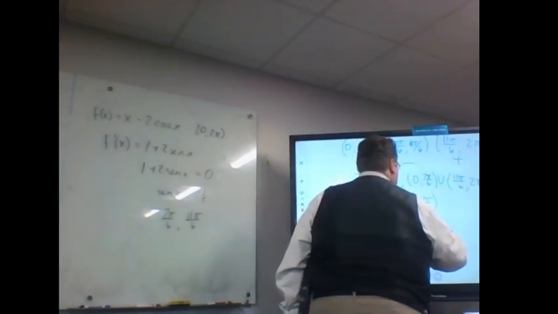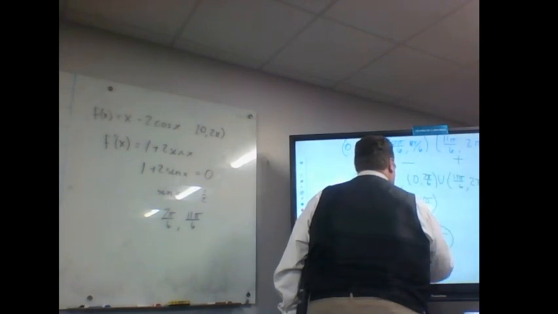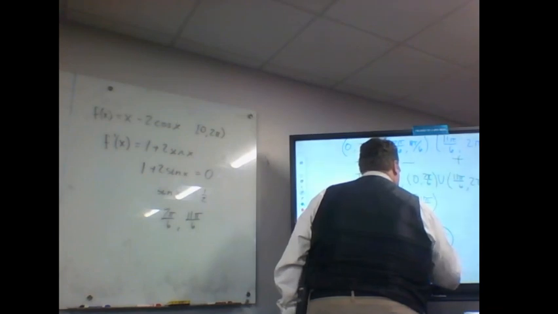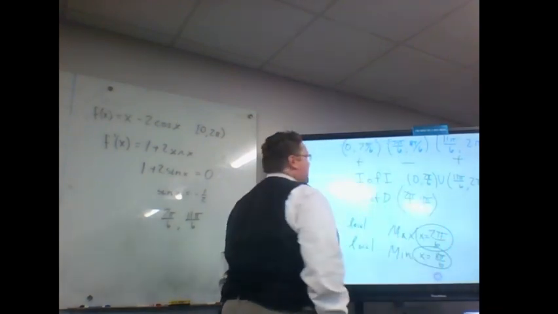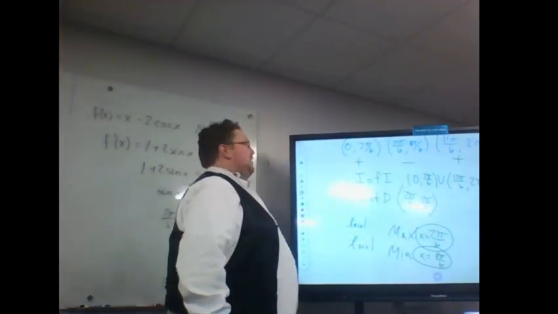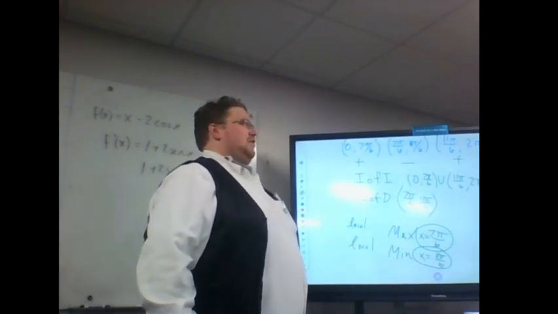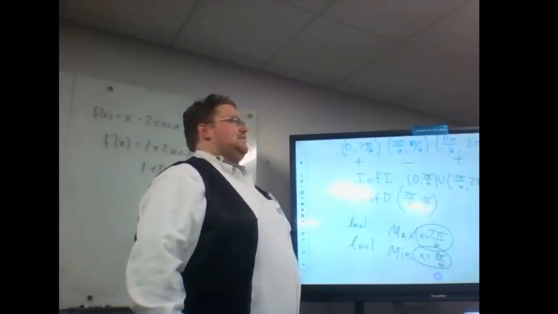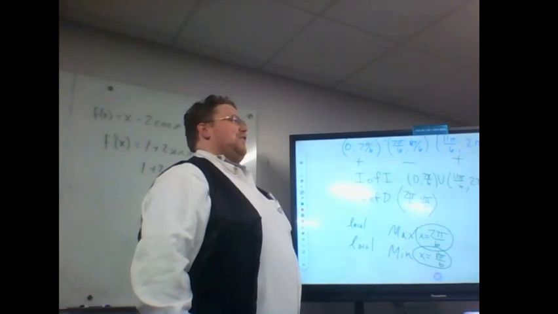You are correct. Now explain why that is the case, Abby. The slope going into 7 pi over 6 is positive, and on the other side is negative. Maximum, by the first derivative test.